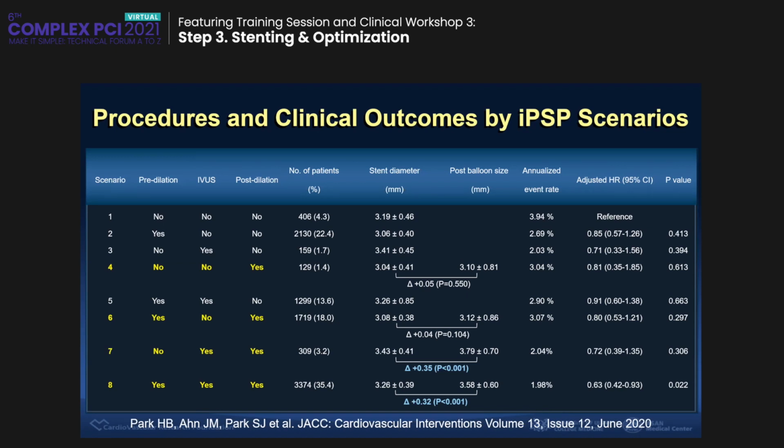But look at the MLD: even though post-dilation gives 3.1, groups 7 and 8 using IVUS guidance have a quite larger MLD compared to group 4.